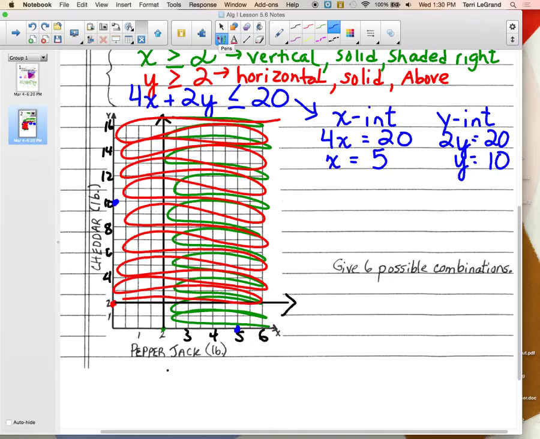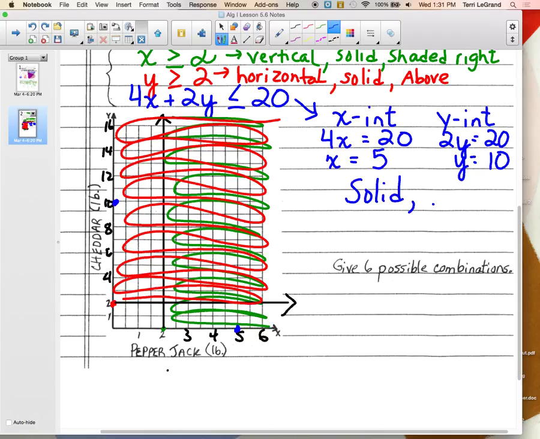Now we go back to its standard form and we say, should this be a solid line or a dashed line? Should be solid. And should it be shaded above or below? Above. Is less than, is above?